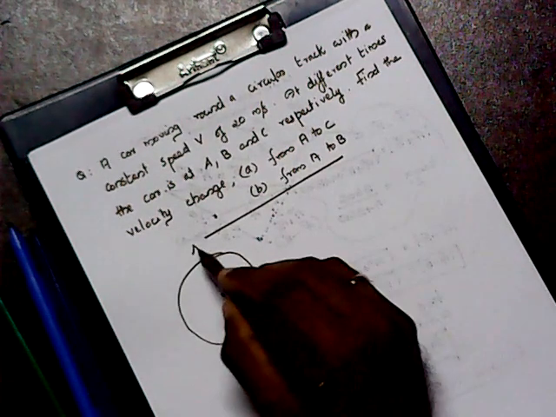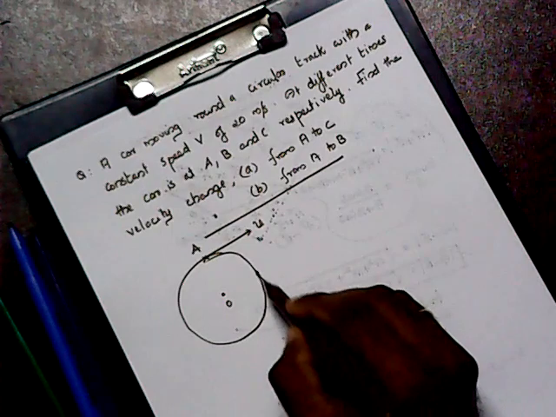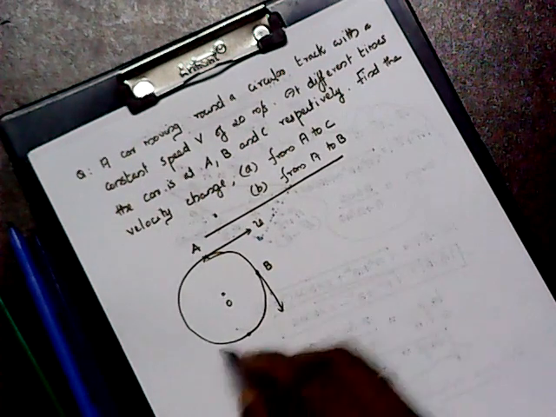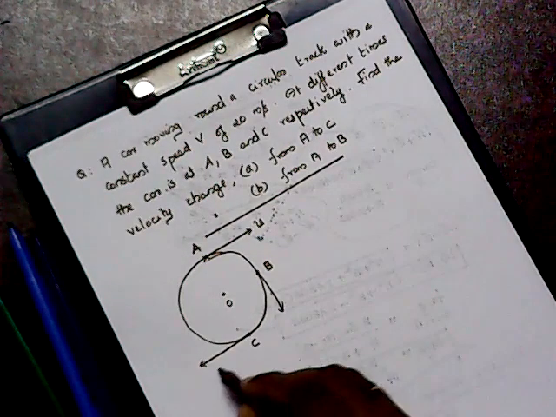At the point A, the velocity is given like this. At the point B, at the point C.